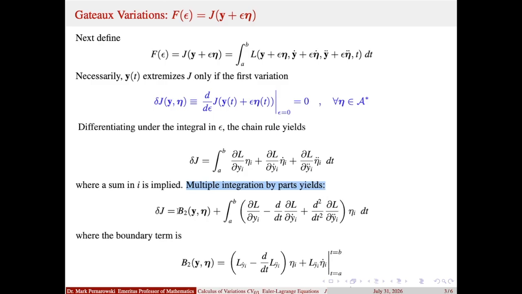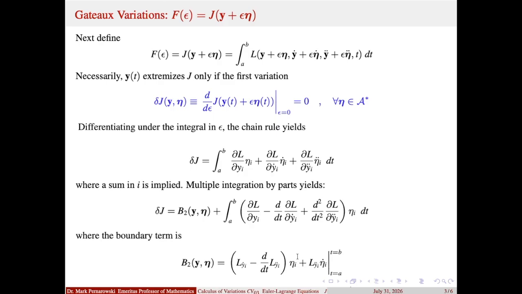I get a boundary term plus an integral of an expression times eta i. Again, this is a sum over eta i, so it's a parentheses times eta i dt. The boundary terms are all the terms that you get by doing integration by parts, and they're evaluated at t equals a and t equals b.